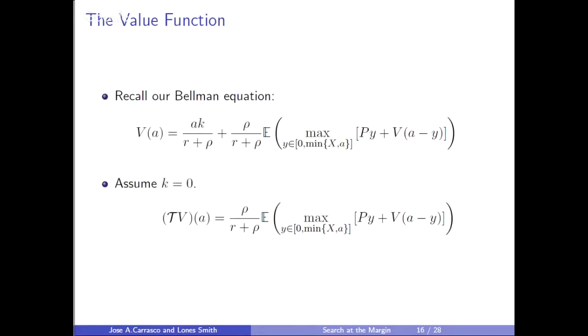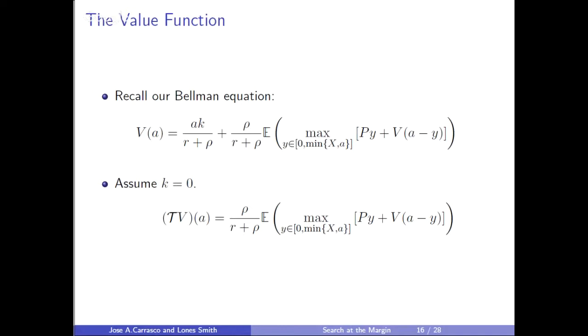For simplicity, suppose K equals 0, so no dividend. You see that the first term disappears. I just keep the second, right? Nothing else. And this is a contraction operator. You plug a V function on the right side, and the output is a V function on the left side. Right?